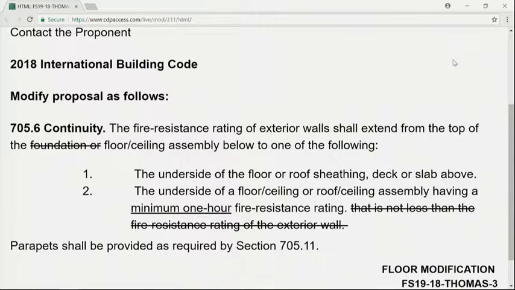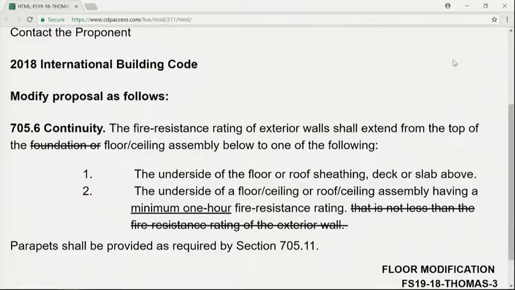And I know we happen to use wood foundations down there every so often as well. So I assumed that portion of the exterior wall of the building would also want to be fire rated the same. So I had encouraged him to remove the word foundation so we would have that level of continuity. Thank you.